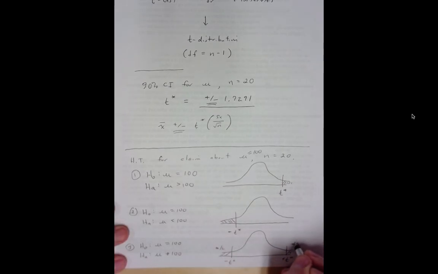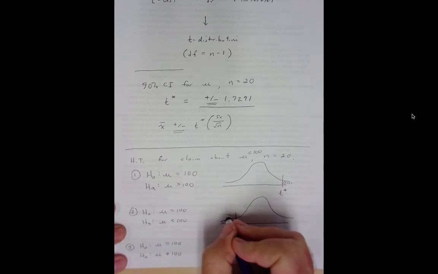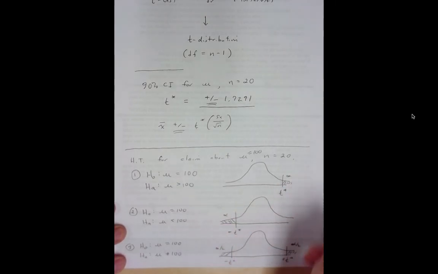And that's not a very pretty alpha, is it? You can't even see it. So here we have alpha in each of these tails, but when we do a not equal to, we do a two-tailed test. So we take our alpha and split it and put half of it here and half of it there.